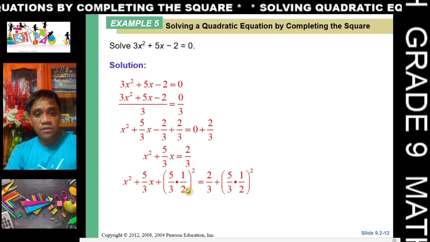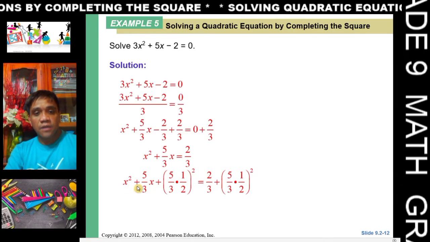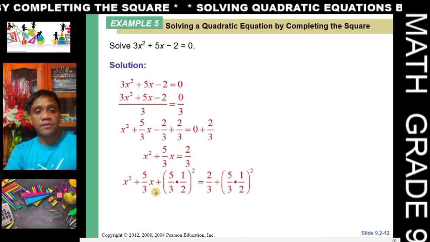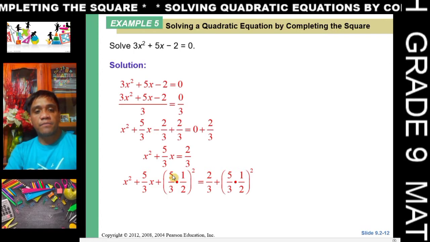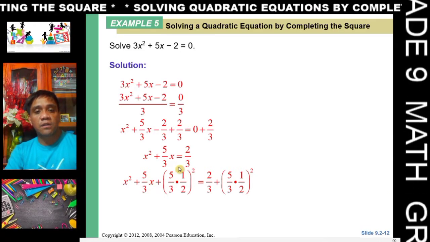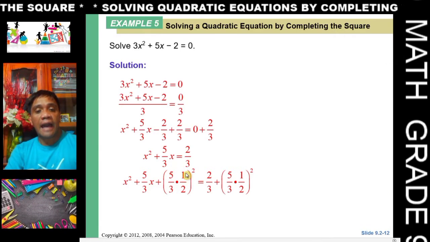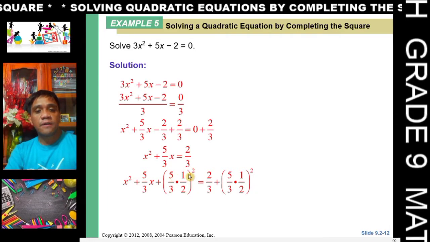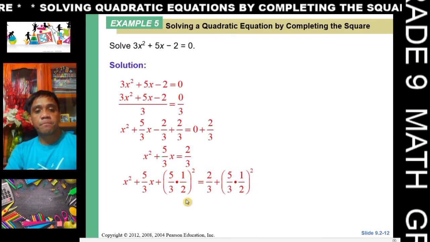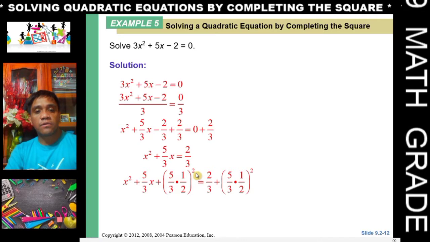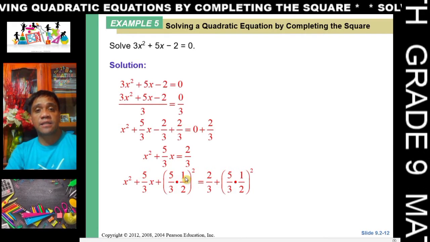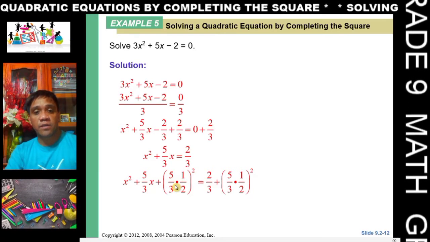As you notice, the next term is 5/3 x, where 5/3 is the numerical coefficient of the linear term, times half of the 5/3. So we have 1/2, then square. That is how the process works to build a perfect square trinomial.